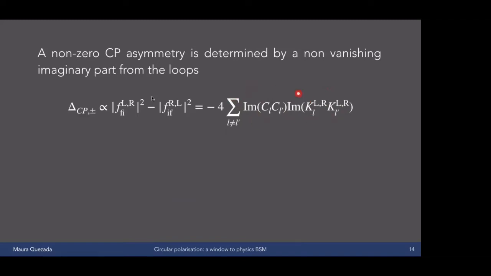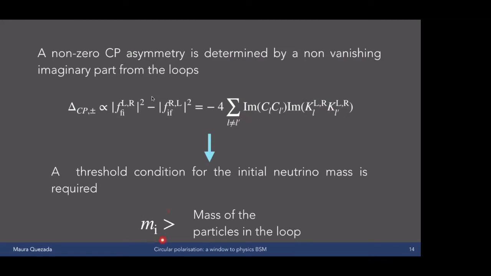And this imaginary part will only appear if the mass of the initial neutrino is larger than the mass that participates in the loop that induces the radiative decay of these neutrinos. So this is very important, because if this is not the case, then no CP violation can be generated in these processes.